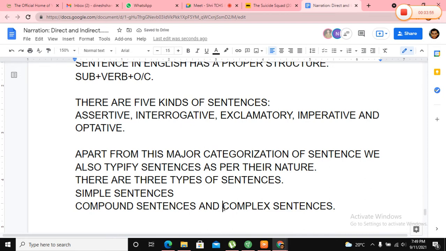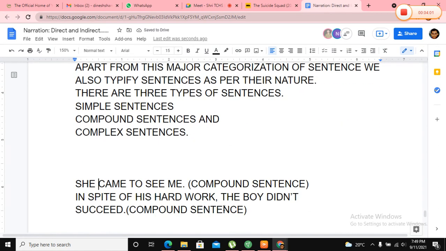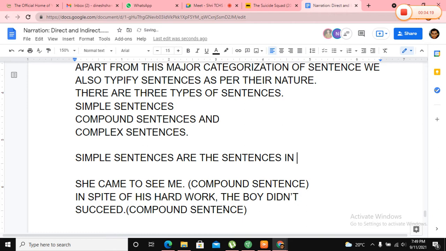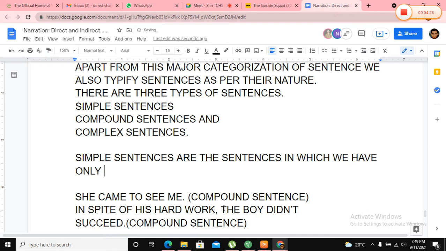Simple sentence, compound sentence, and complex sentence. Simple sentences are the sentences in which we have only one subject-verb conjugation with complete meaning.